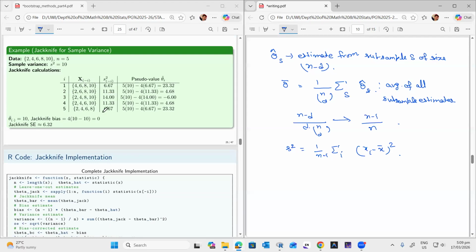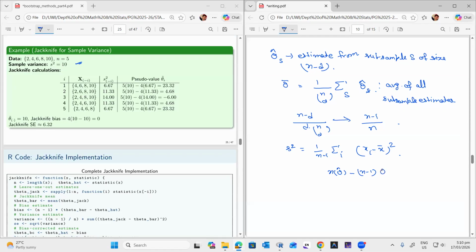Similarly, we take all the different samples and compute the variance for each leave-one-out. After that, we calculate the pseudo value. How do we compute it? We compute it as n theta cap, where theta cap is 10 here and n is 5, minus n minus 1.